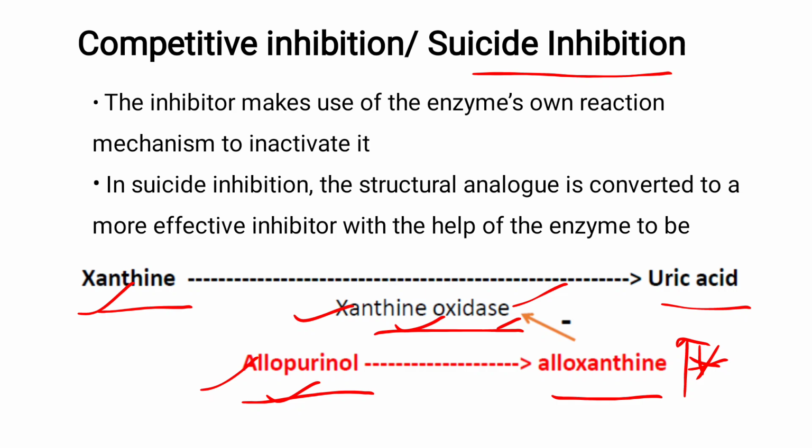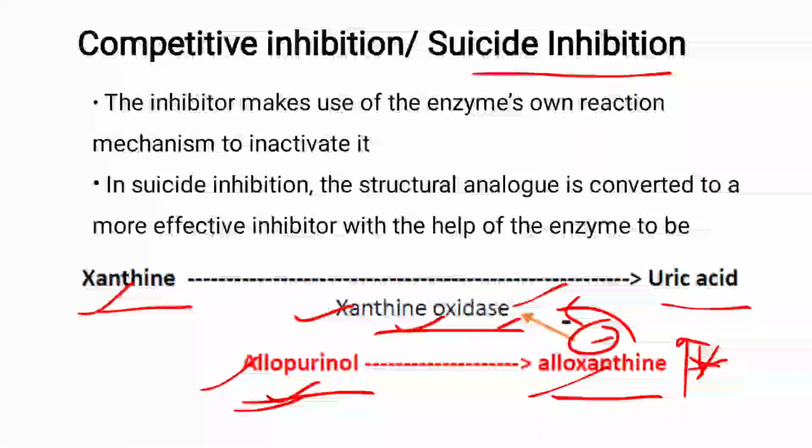So it is like xanthine oxidase produces alloxanthine, and alloxanthine inhibits xanthine oxidase. This is like a suicide. Here the inhibitor makes use of the enzyme's own reaction, and in suicidal inhibition, the structural analog, that is allopurinol, is converted to a more effective inhibitor with the help of the same enzyme which has to be inhibited. That is alloxanthine.